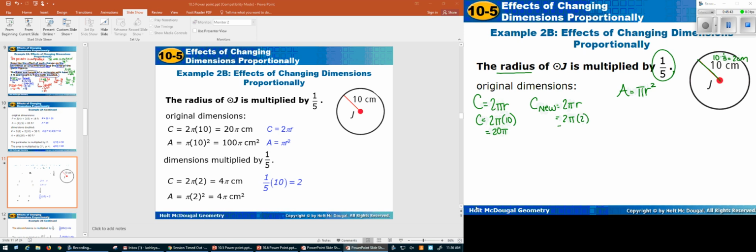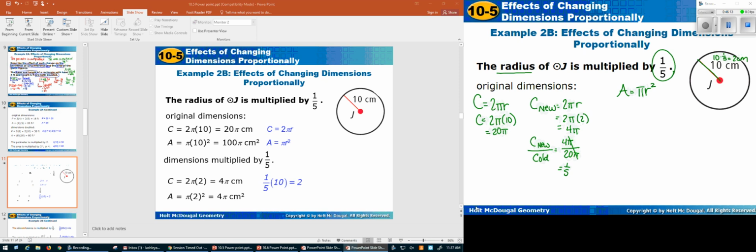What's 2 times pi times 2, leaving it in terms of pi? 4 pi. Again, what goes on top when we're comparing these? The new. So we're doing the circumference of the new divided by the circumference of the old. So what number's on top? 4 pi divided by 20 pi. The pi's are just going to cancel out. And what are we left with? 1/5.